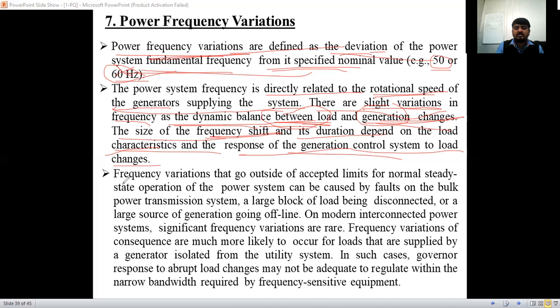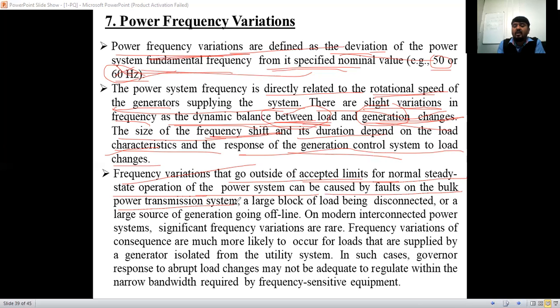Frequency variations that go outside of the accepted limit for normal steady state operation of the power system can be caused by faults on the bulk power transmission system. This frequency change is going to affect the transmission system directly. If you change the load and other things in the distribution system, that will also affect the transmission system.